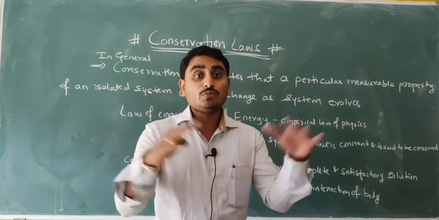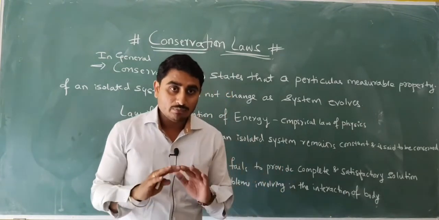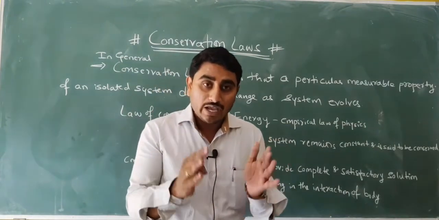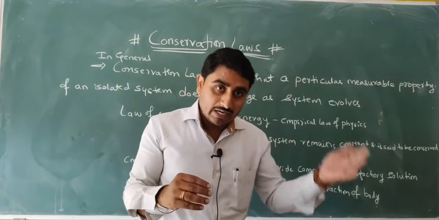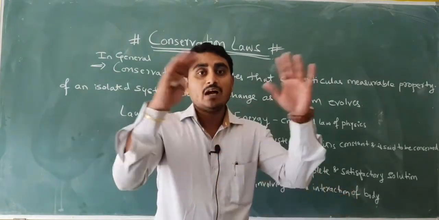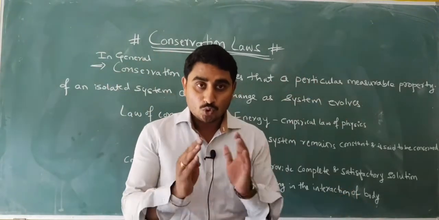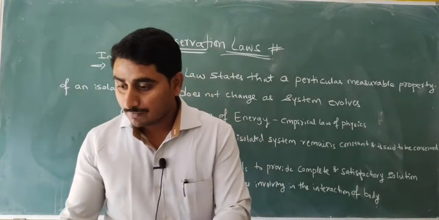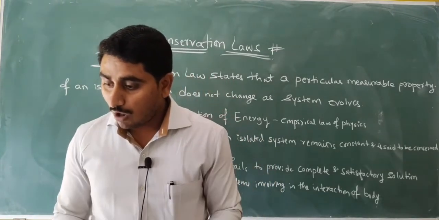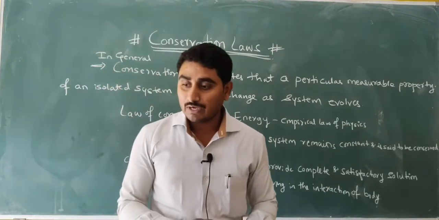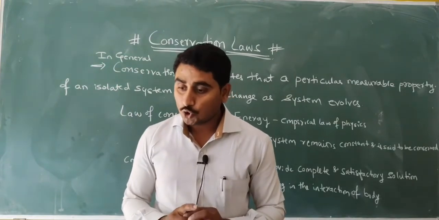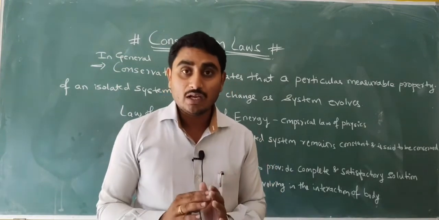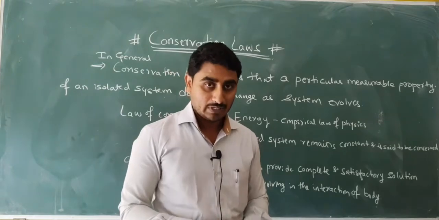So there is a distribution of energy. We can't tell how the energy is distributed among the gun, the bullet, and the atmosphere. To solve that type of problem, the law of conservation of momentum gives a satisfactory solution to problems involving interacting bodies.